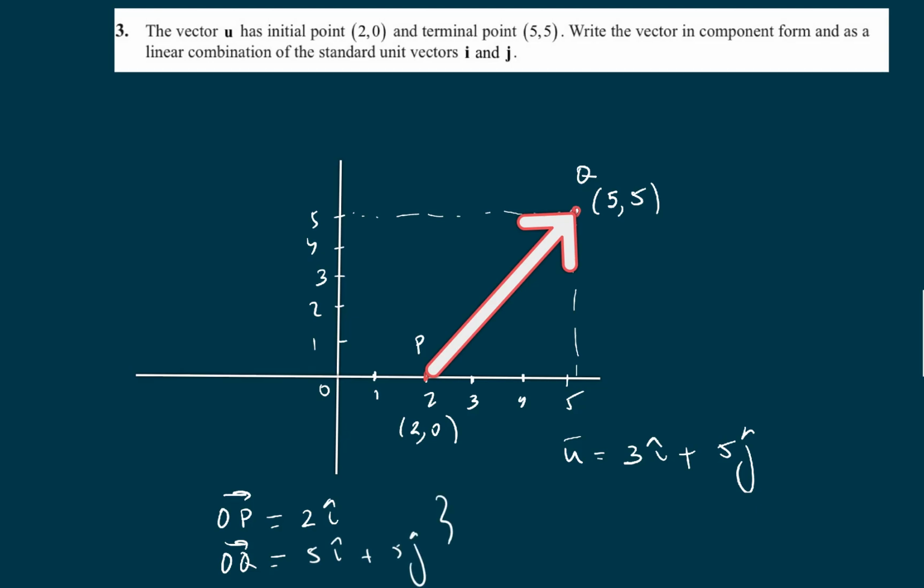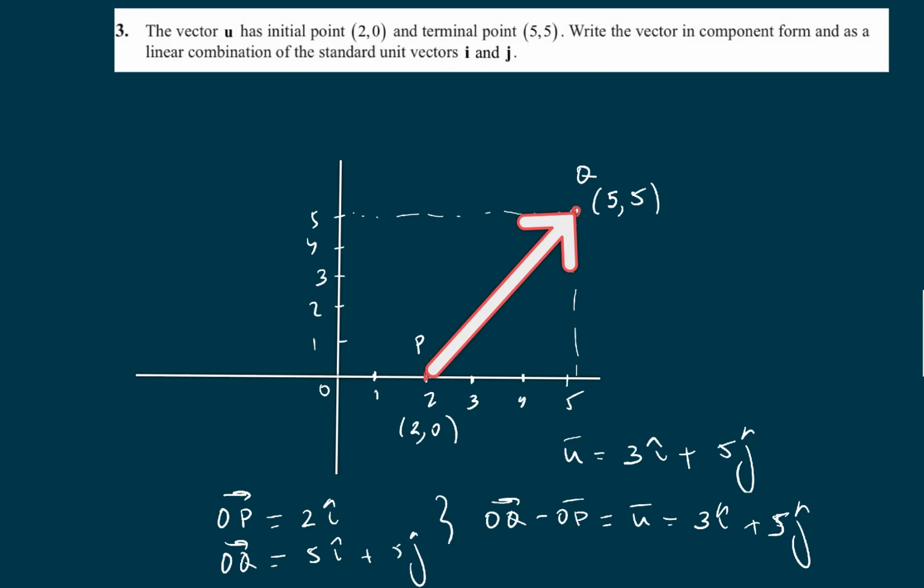And OQ minus OP is the vector u. If you subtract, it will be 5i minus 2i, 3i, and 5j minus 0j, 5j. The problem is solved and we obtain the same result.